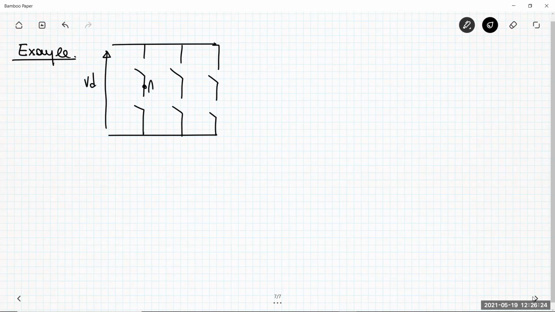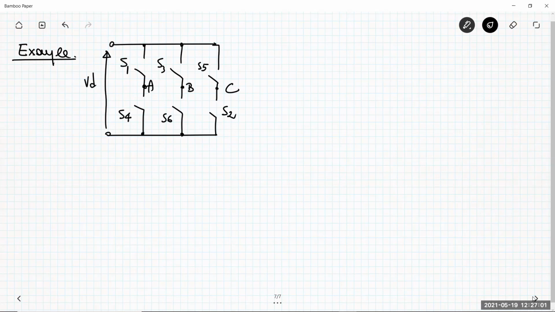You have node A, node B, node C. Remember that these are switches S1, S3, S5, S2, S4, S6. It is possible that yesterday, when I explained the square wave three-phase inverter, I exchanged S4 and S2 in my description. I have this impression, but anyway, it's not a problem.